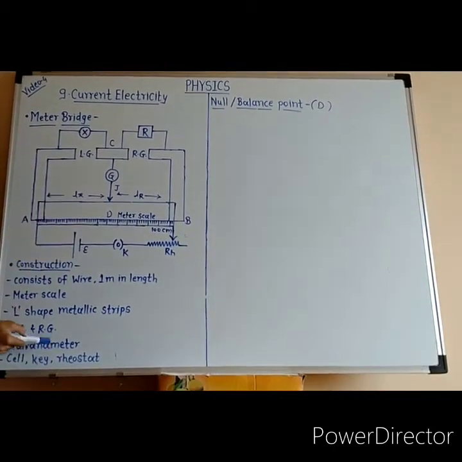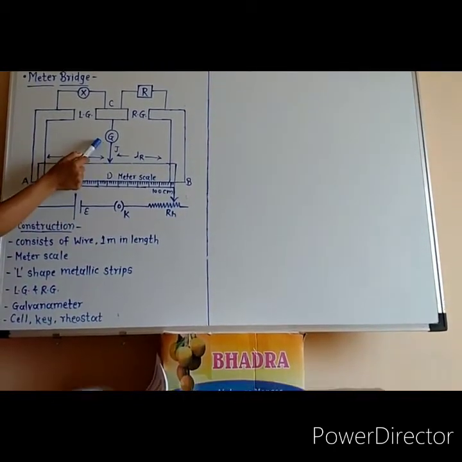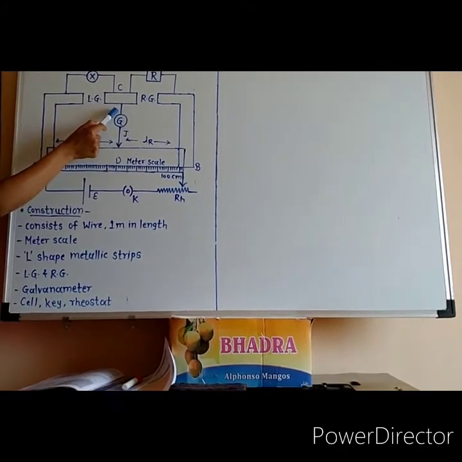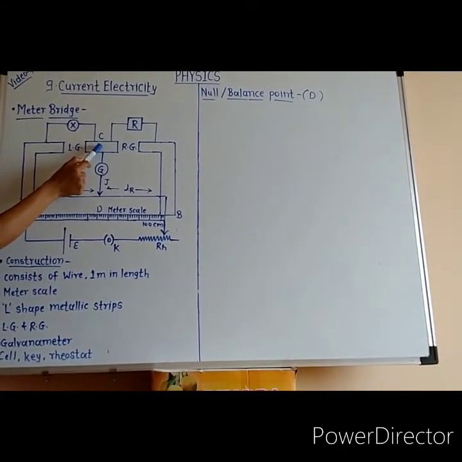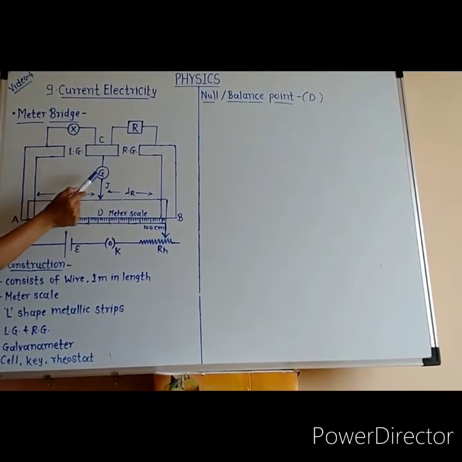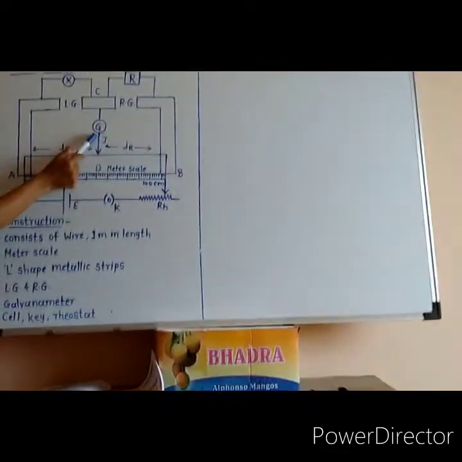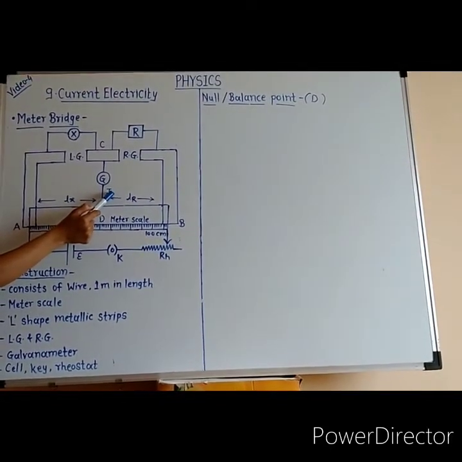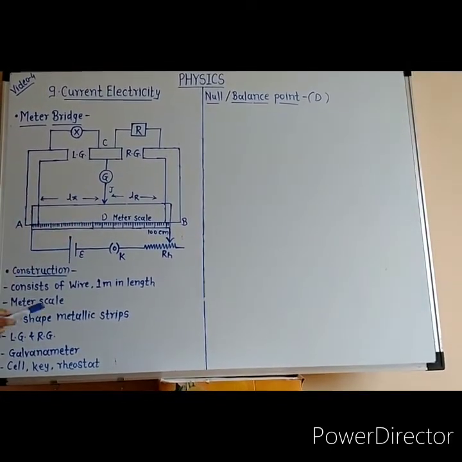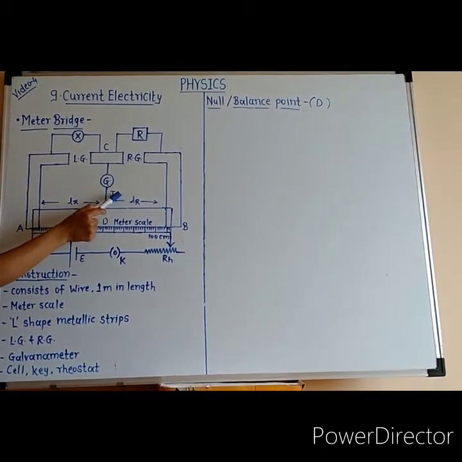The next point is the galvanometer. One terminal of the galvanometer is connected to the central metallic strip at the point C, and the other terminal of the galvanometer is connected to the jockey, which is represented by J. Now, what is the use of the jockey?